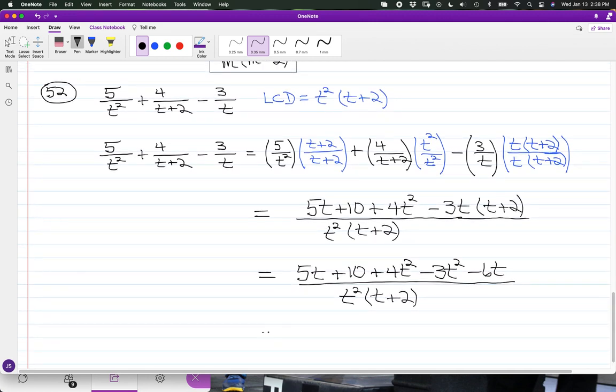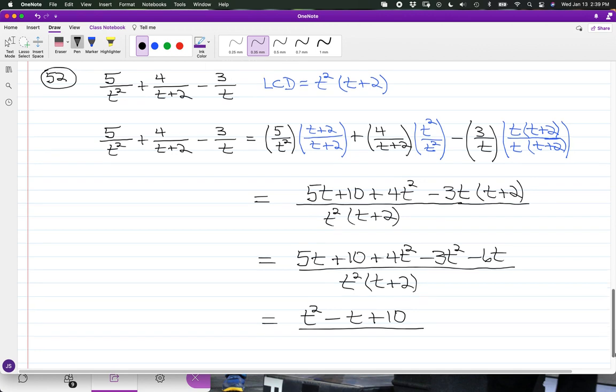Now you can arrange the terms in the numerator as you like, but I'm going to put them in decreasing degree order. We have 4t squared minus 3t squared, so that difference is t squared. And we have 5t minus 6t, so this will be a negative t. And we have positive 10 as the only constant at the top.